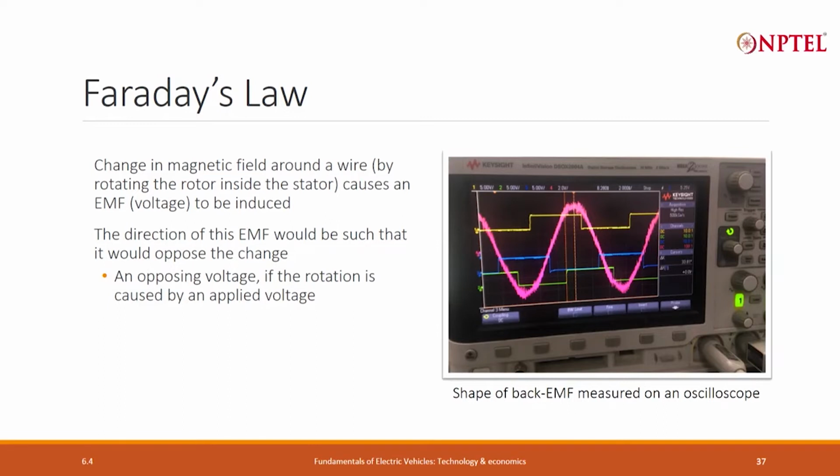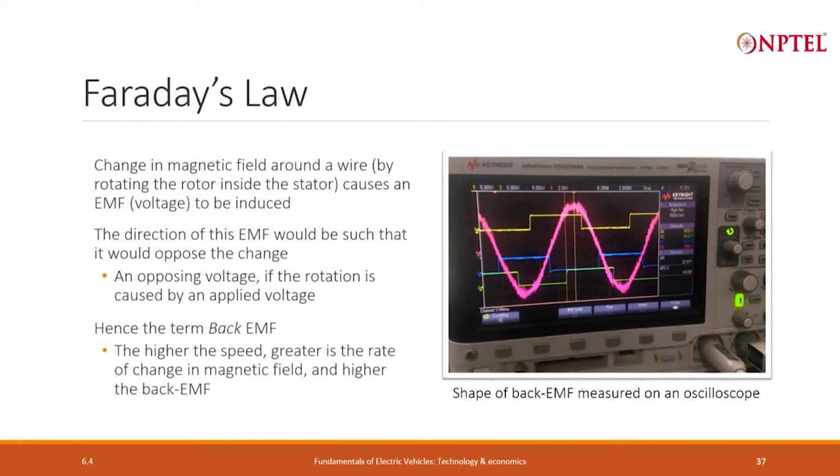This is just an explanation of the Faraday's law that we just now discussed. Because it is opposing the change, we use the word back along with EMF, back EMF. And as we just now discussed, at higher speeds the back EMF is greater in magnitude, and it is also higher in frequency.